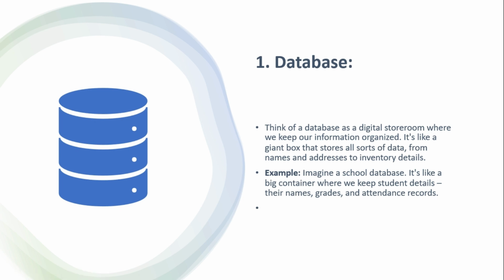So the database we can call as the collection of tables. So all the data relating to that school, in this example, for example the data of the students, the staffs and the teaching and non-teaching staffs, all those things, it categorizes the data and stores the data in different tables within that database of the school.